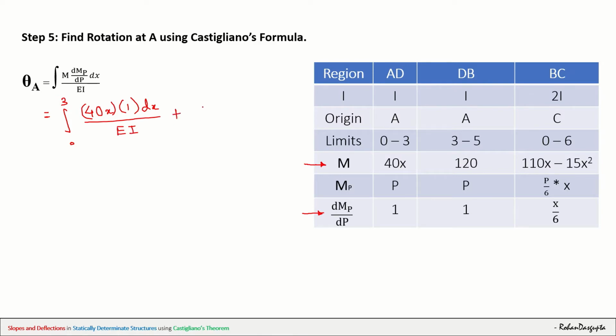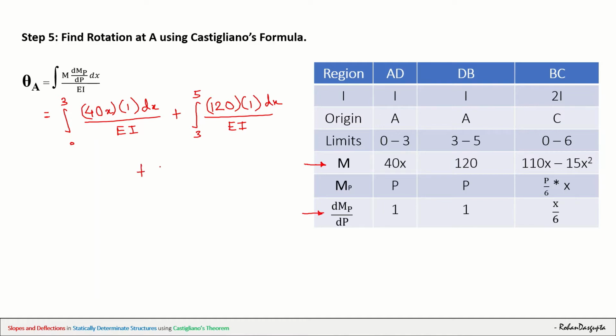Plus, for DB, it is 3 to 5, the value of M is 120 and the value of dMP by dP is 1, dx, divided by EI.